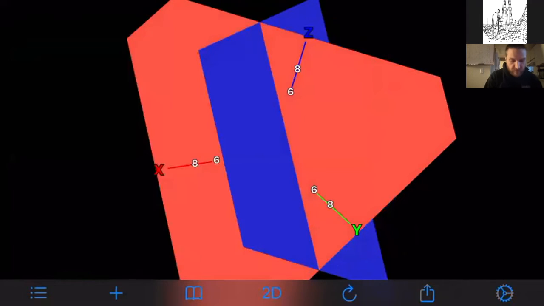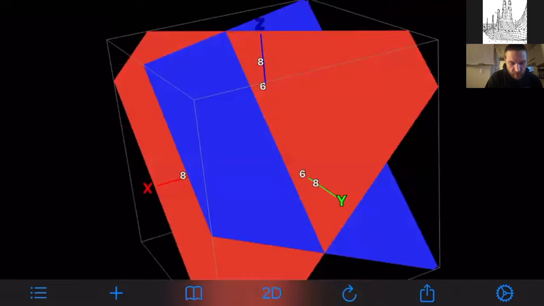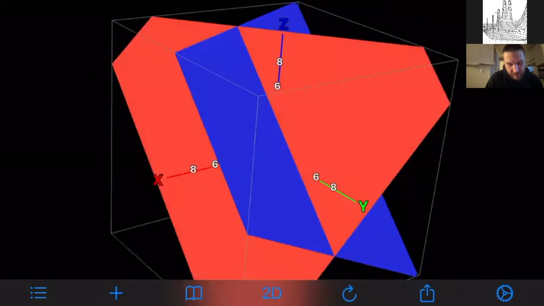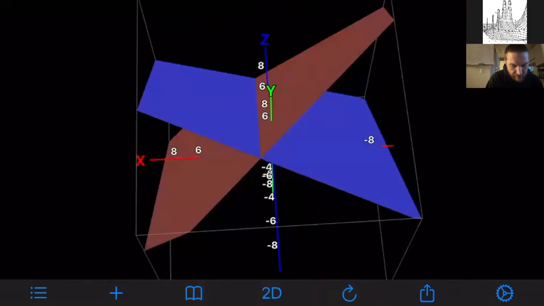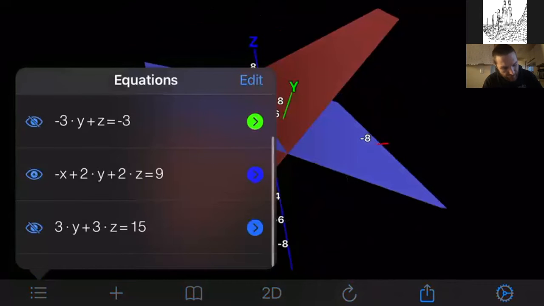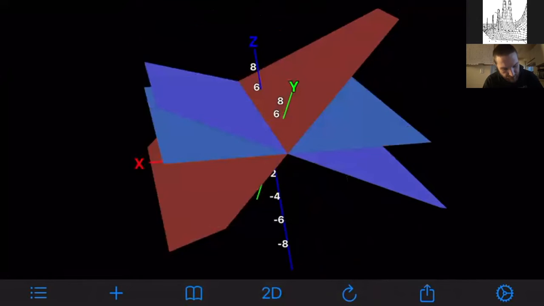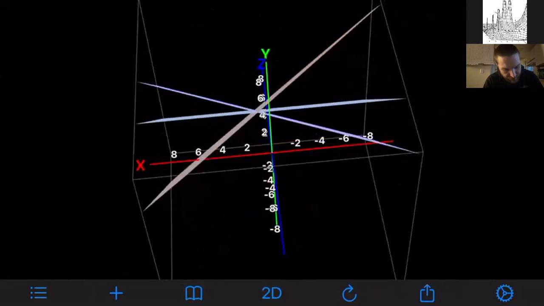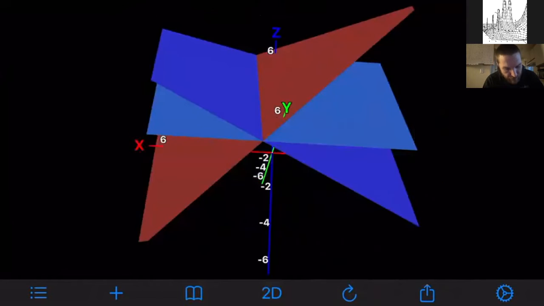Now we're taking the first equation, or the red plane, or a multiple of the red plane, and adding it to the blue plane to get a new plane. And let's see what we get. So when we did that, we got 3y plus 3z equals 15. Let's see what that looks like. And you could see, yep, that new plane, it's a lighter blue, but it's going through the exact same line that those two planes define.